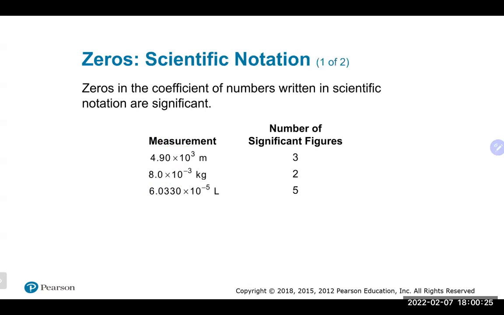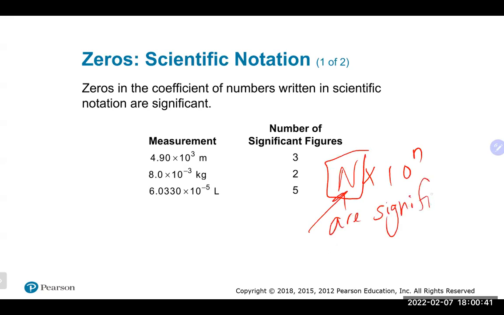This also, as we talked about scientific notation, right, is whenever you write that number in scientific notation, all the numbers that come before the times 10 part are always significant. And that means obviously in this case, in terms of counting significant figures, we would just look there and we see all 3 of them would be significant.